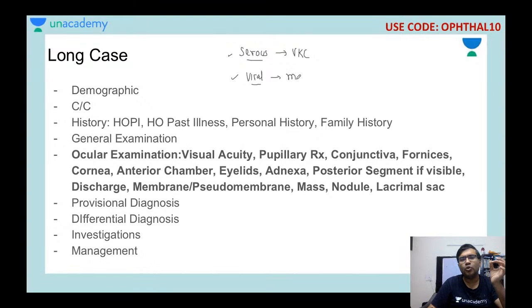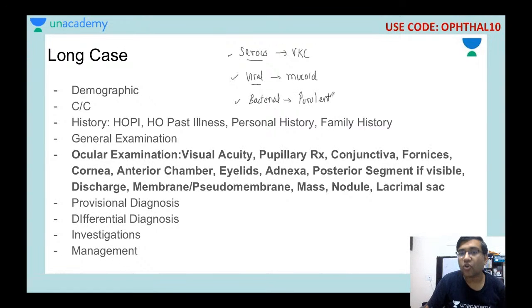I call it mucoid discharge. When you get a bacterial conjunctivitis, you have a more sticky discharge, I would say more purulent discharge. So the type of discharge also you have to mention when you are taking a history of a red eye. Why is this important? Because if there is a purulent discharge, this means the patient is having a bacterial infection. If it is a serous discharge, this can be a viral or allergic conjunctivitis.